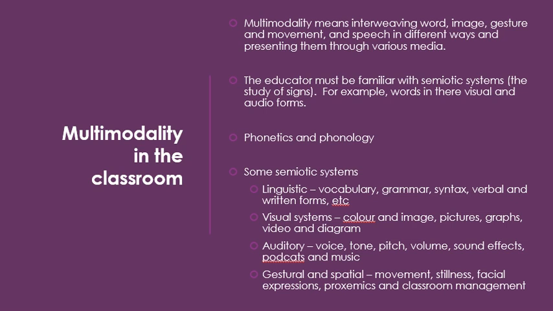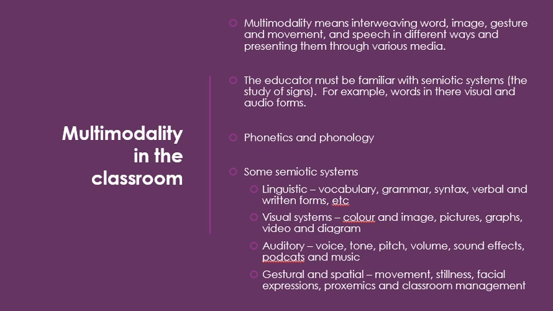So when we talk about semiotic systems, we're talking about the ways in which we convey information to another person, and then we interpret that person's response by decoding the signs they have used in their semiotic systems.